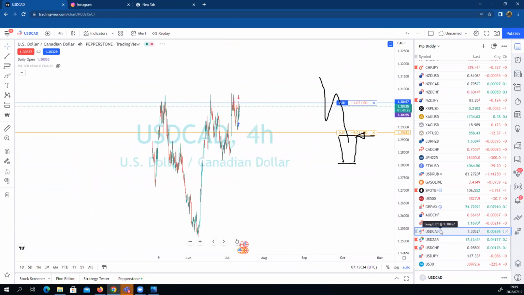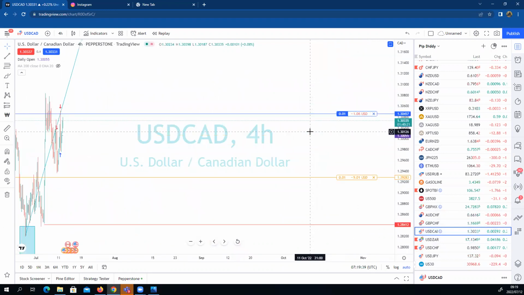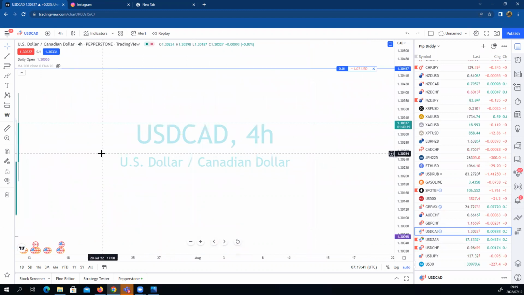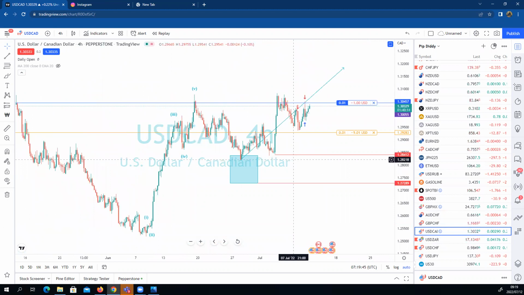This is US dollar, Canadian dollar. As you can see, the price did trade into the blue box with this W, X, and Y corrective structure.